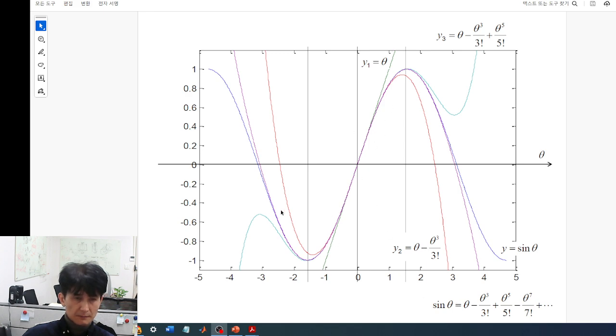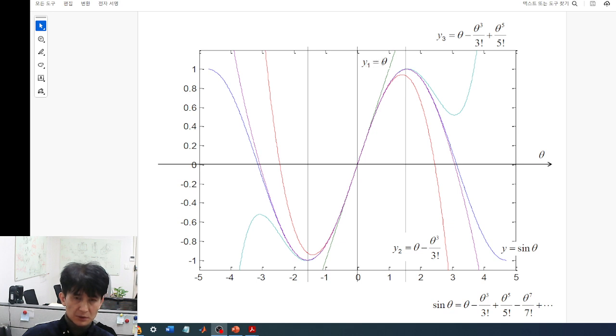So the blue graph is the perfect sine function as a function of theta, and y1 is the green curve, a straight line.